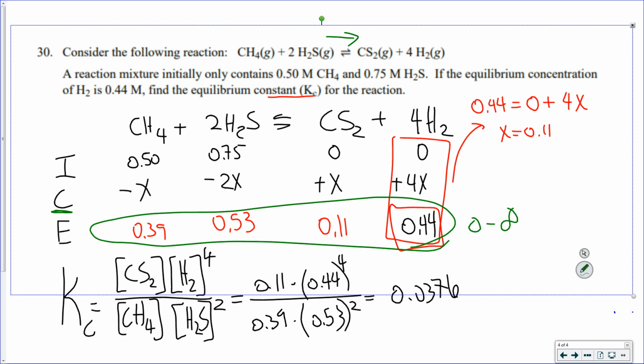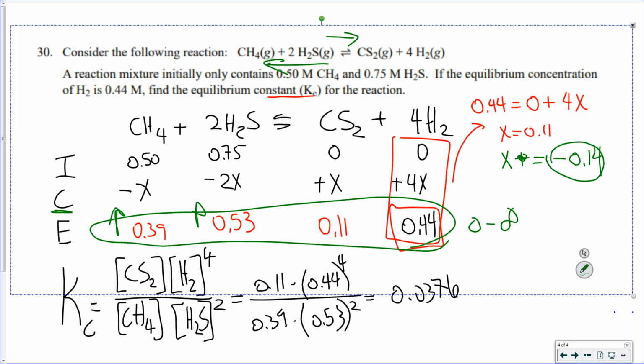When you solve for the value of x, it could have been that x came out negative. If that would have been a negative in here, that meant the reaction was going in the opposite direction, and these numbers would have been increasing instead of decreasing.